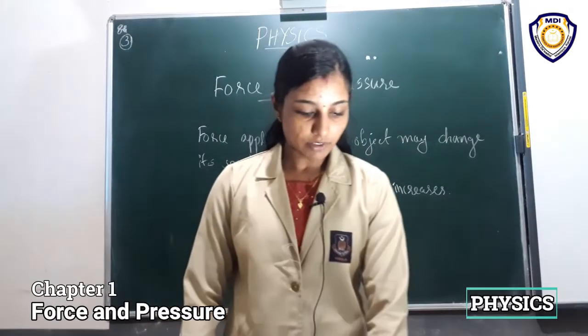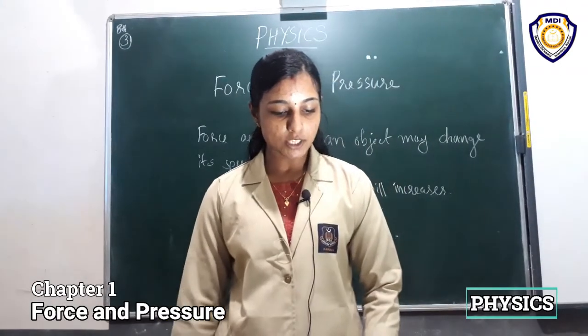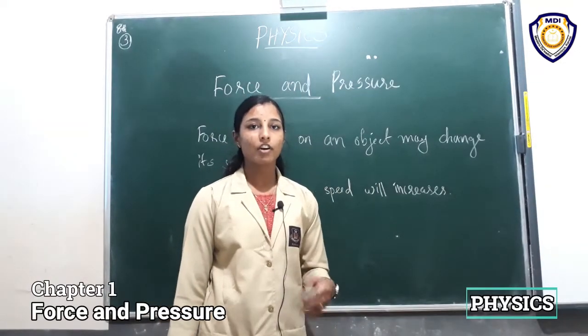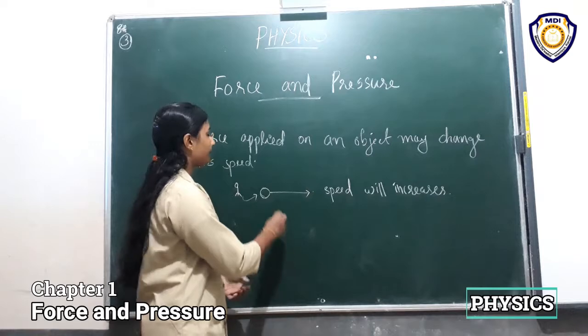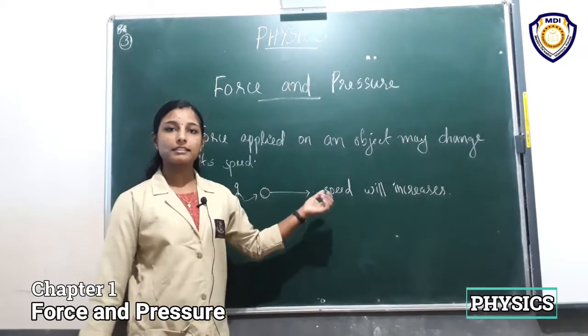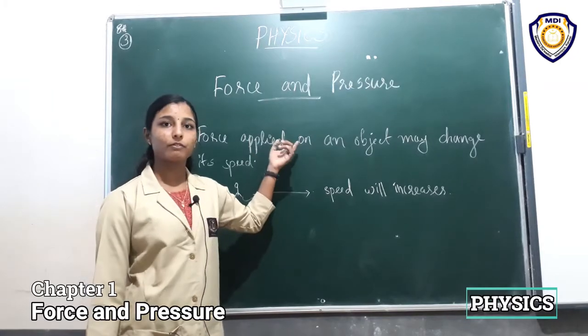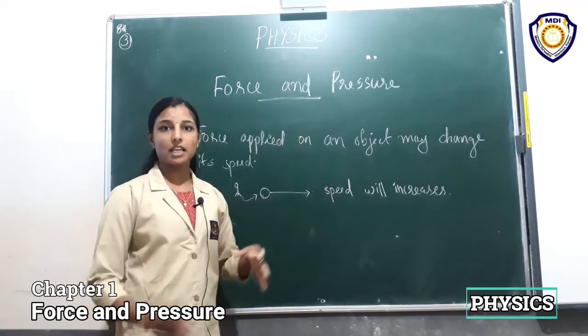Suppose the force is applied in the direction opposite to the direction of motion, then what will be the result? We can explain that in the case of what? The goalkeeper catches the ball.